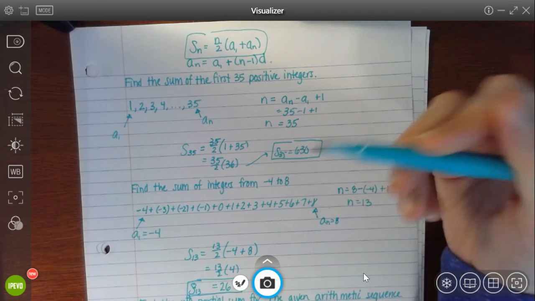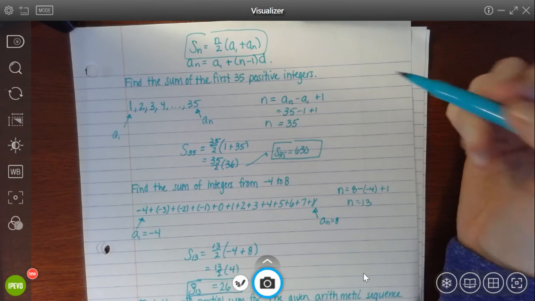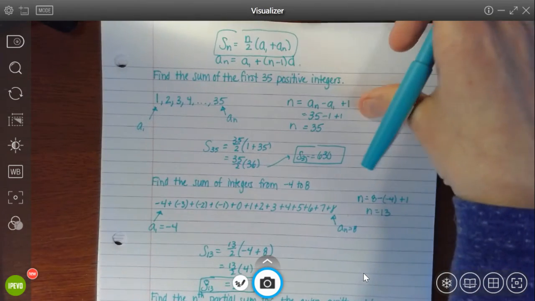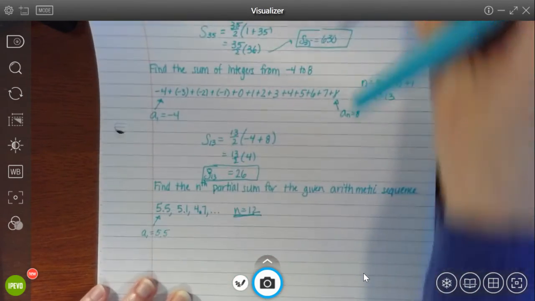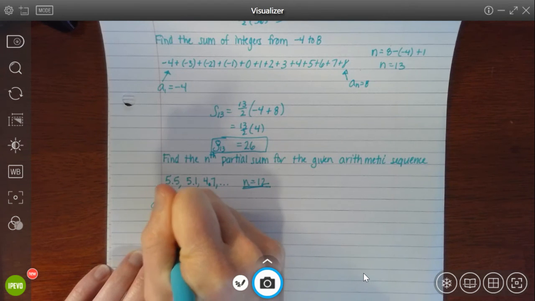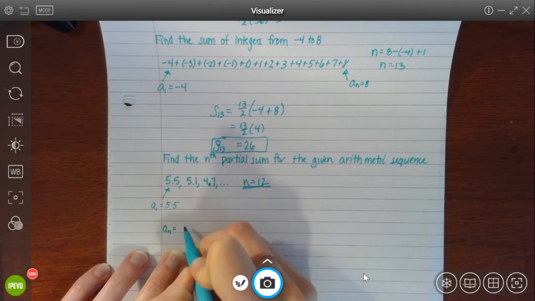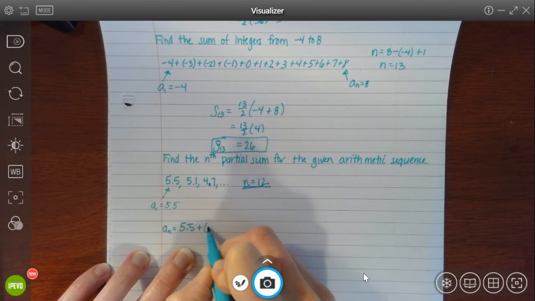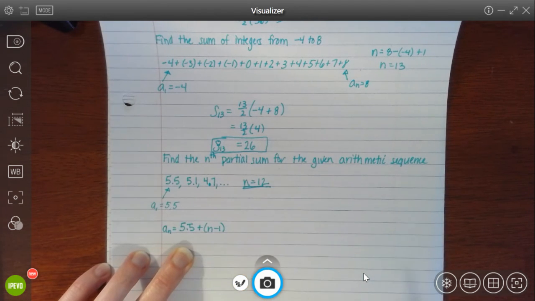I'm going to write the rule for the sequence, and then I'm going to find the specific value they want me to find. So to find a sub n, we start with a sub 1. In this problem, that's 5.5. And then we add on in parentheses n minus 1 times d, where d represents that common difference.